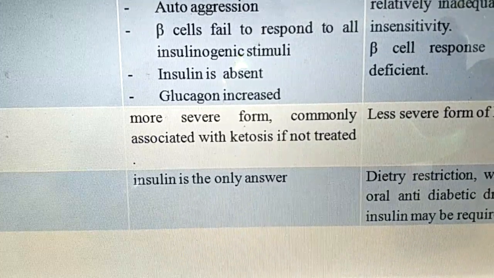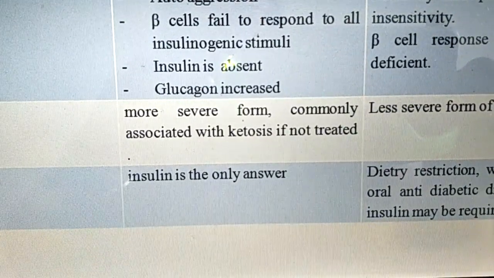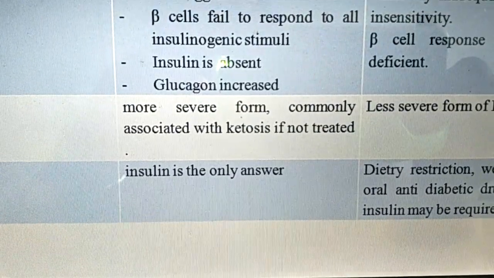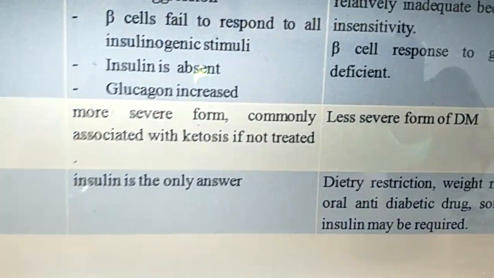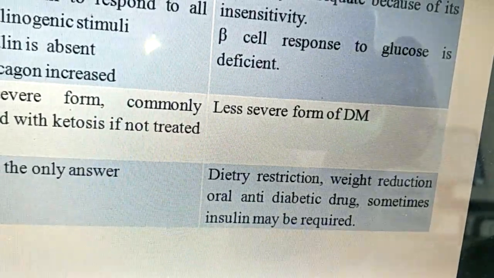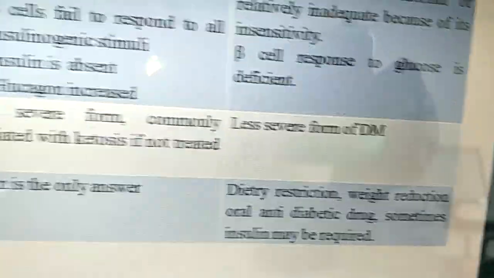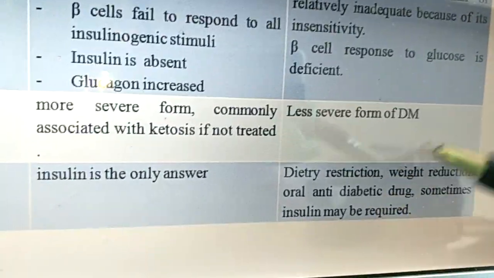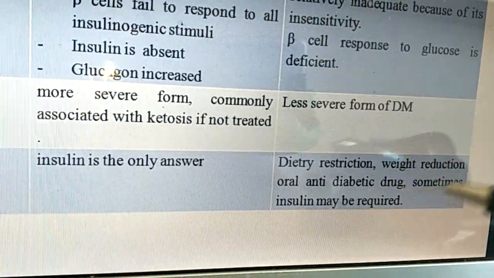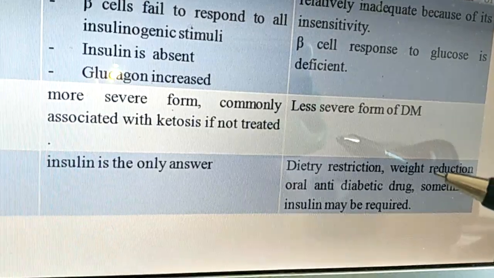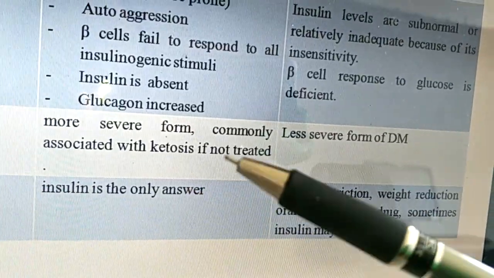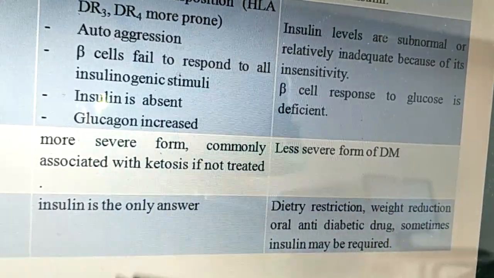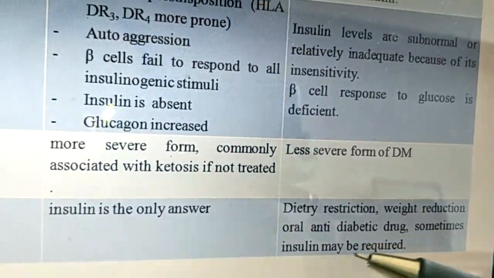So insulin is not there in type 1. The only answer for its treatment is replacement therapy with the hormone insulin. Whereas in type 2, dietary restriction, exercise and weight reduction are used, though these measures are used in type 1 also. Non-pharmacological measures are used in both types.